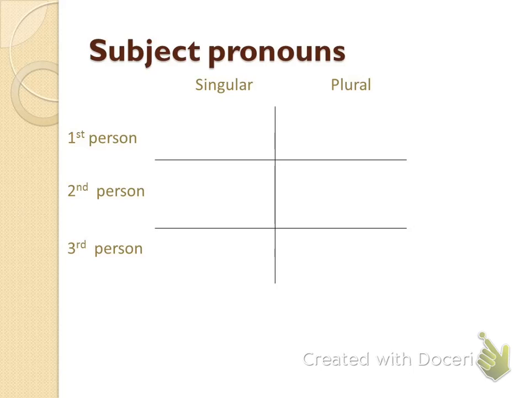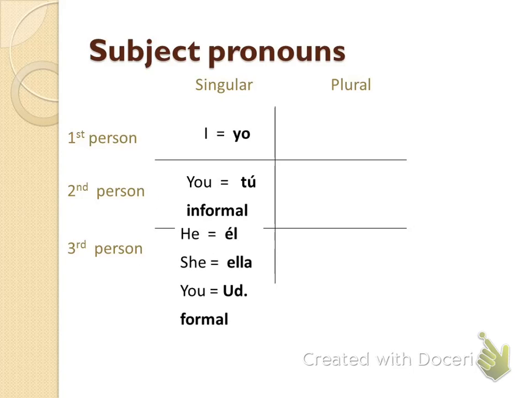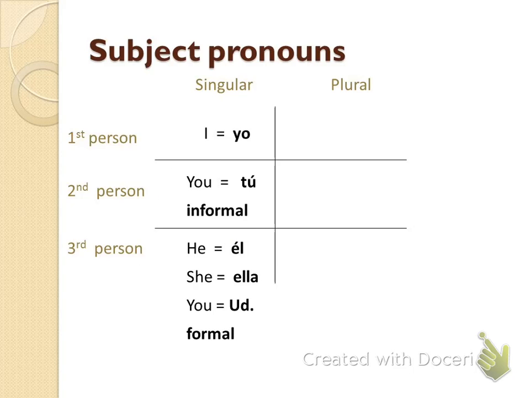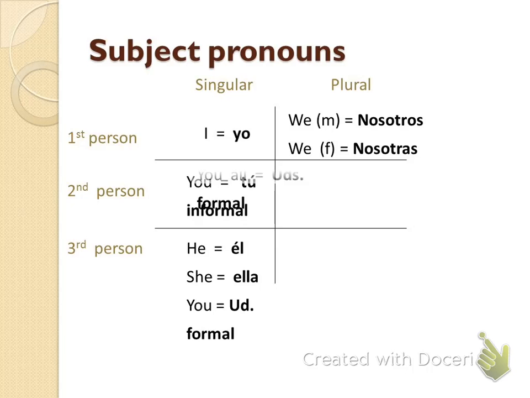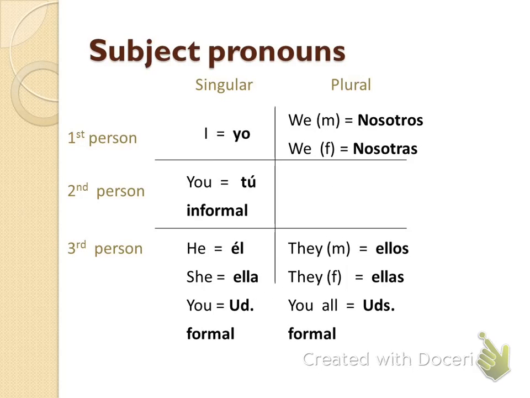We should be familiar with always in the first box the yo form, always in the second box the tú form. And that's the informal you, 5 U's in Spanish. Él, ella, usted. Usted is the formal you. All of those are on the singular side. Then we jump over to the plural. We've got nosotros, feminine and masculine. And then we don't have to worry about vosotros.